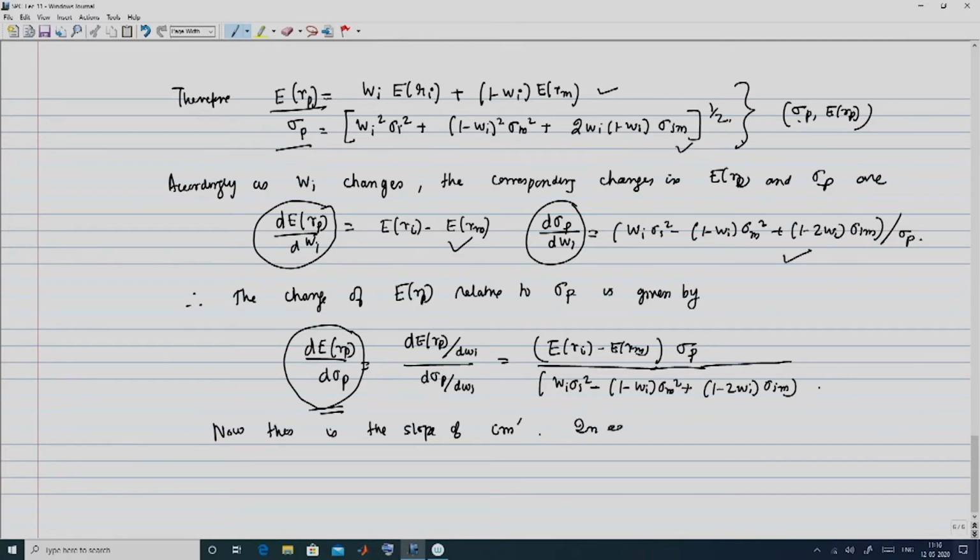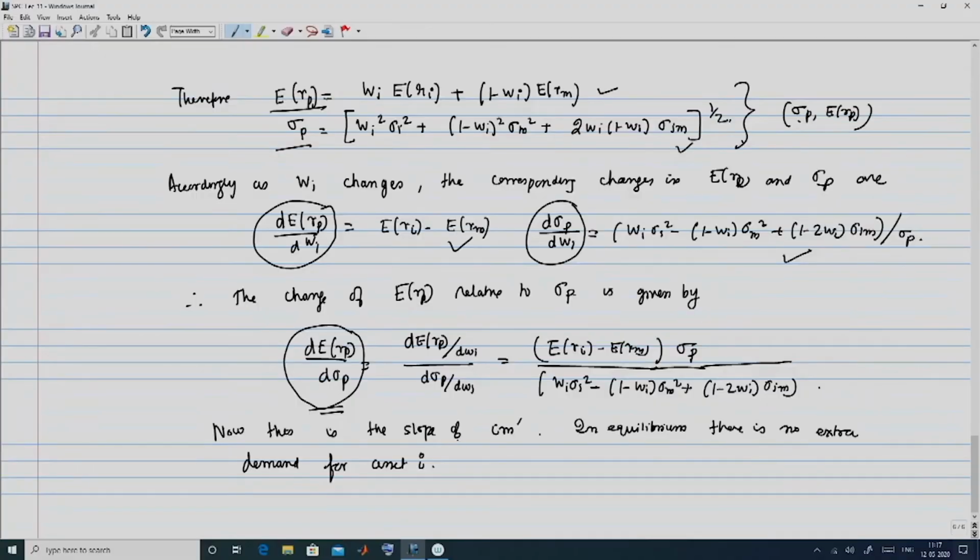Now, in equilibrium, there is no extra demand for asset I. This means that there is no incentive for one to put in more money in the ith asset as compared to the amount already invested in the ith asset as a part of the market portfolio.